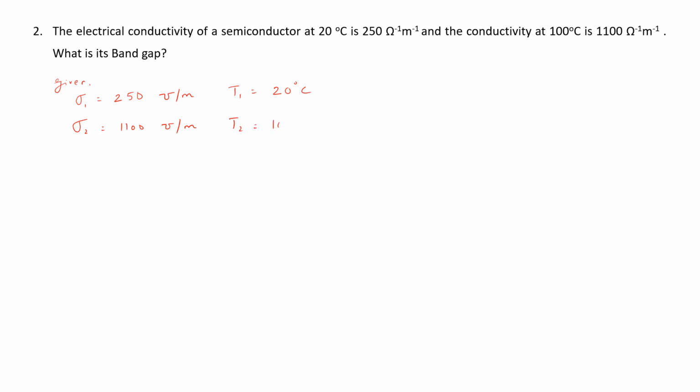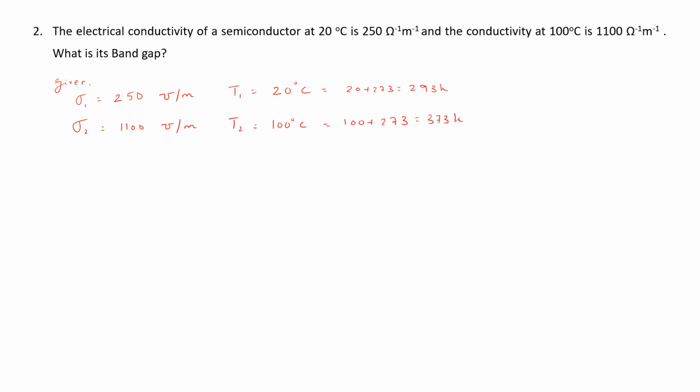T2 is equal to 100 degrees C. Now I have to convert because it is in degrees C. So 20 plus 273, which is equal to 293 Kelvin. Similarly, this one, 100 plus 273 is equal to 373 Kelvin.